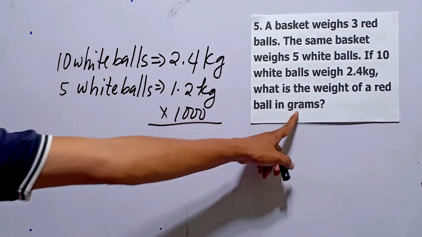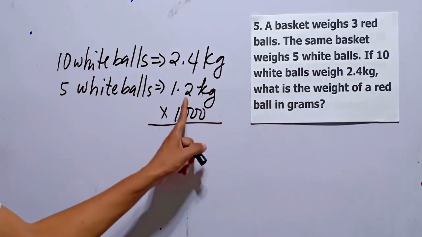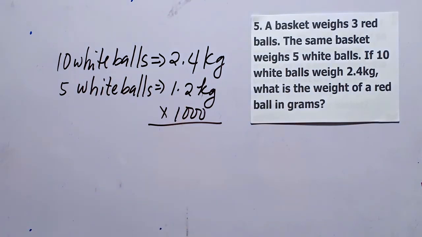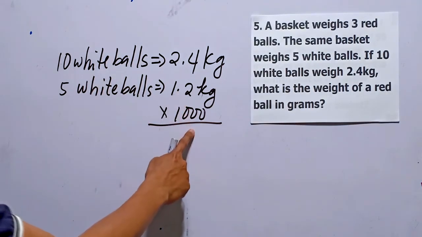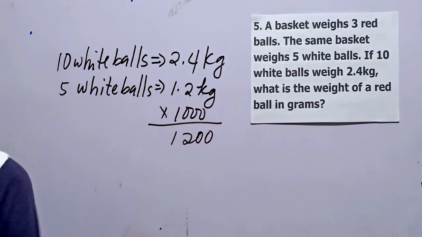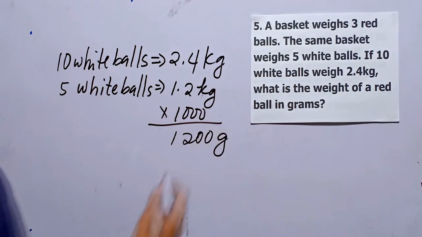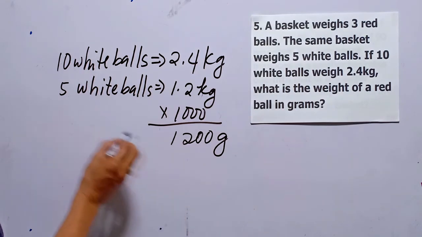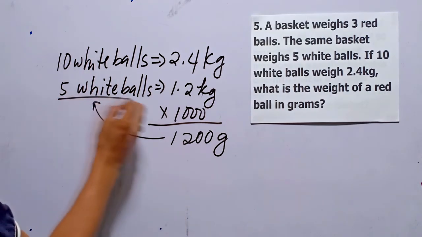Because we need the answer in grams later. Again, 1 kilogram is 1,000 grams. So multiply this by 1,000. That will give you 1,200 grams.